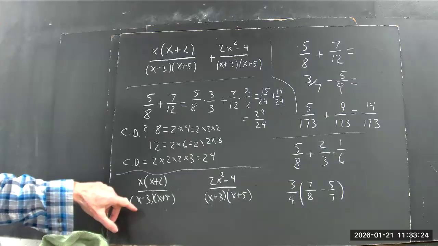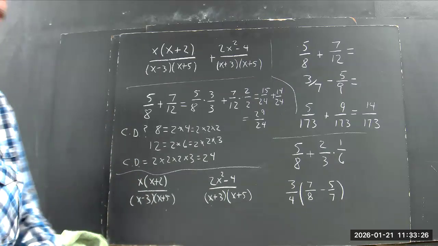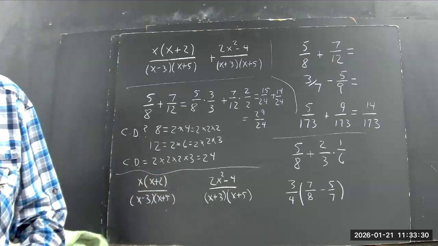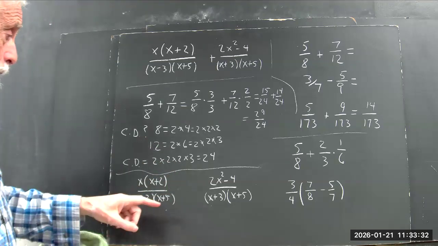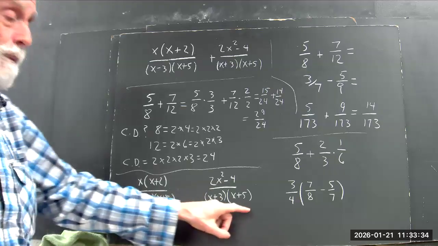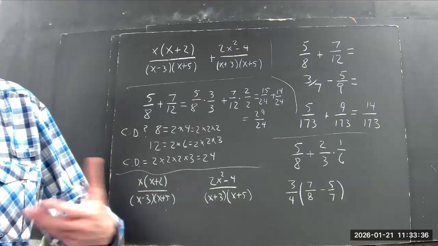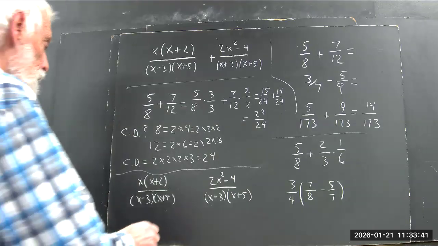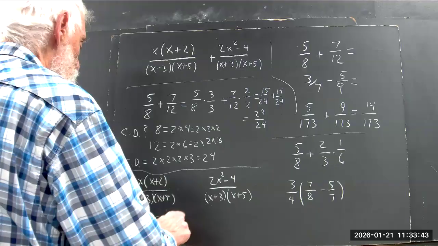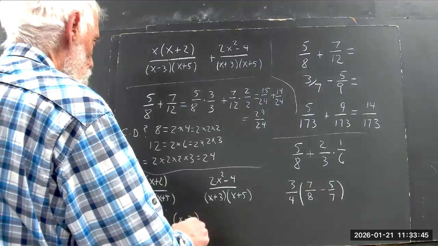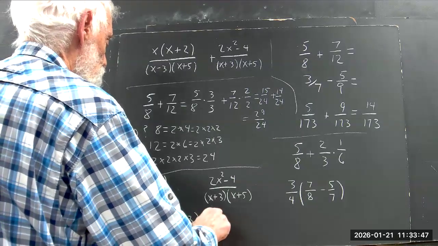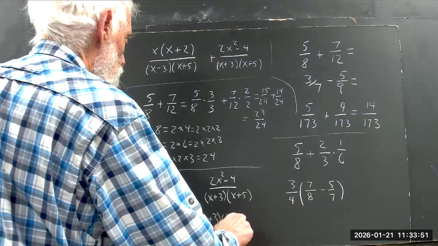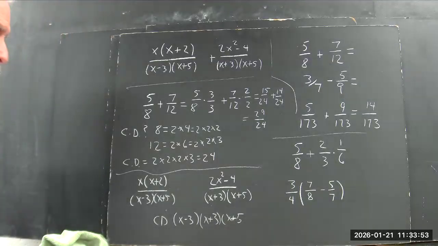So we've got to have the x minus 3, the x plus 5, the x plus 3, and the x plus 5, right? But we don't have to have the x plus 5 twice. If it's there in the denominator, it's there. Okay? So the common denominator is x minus 3 times x plus 3 times x plus 5.